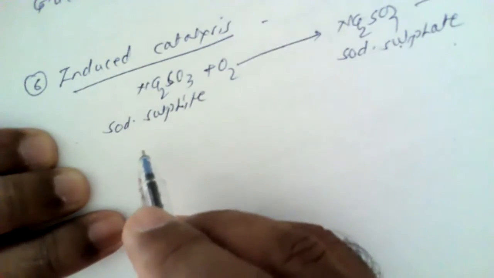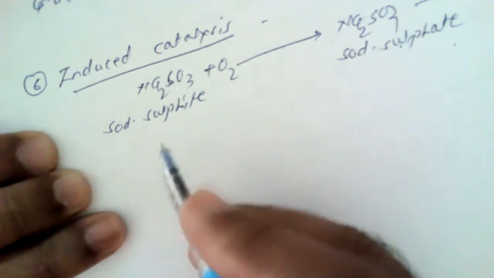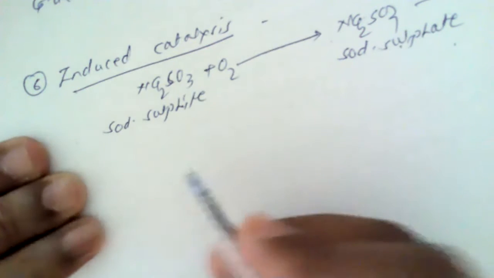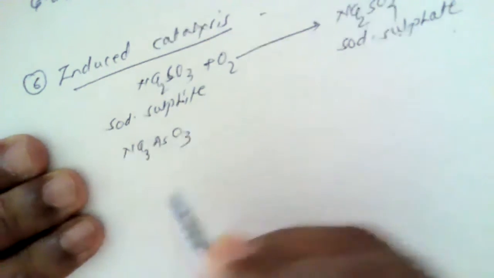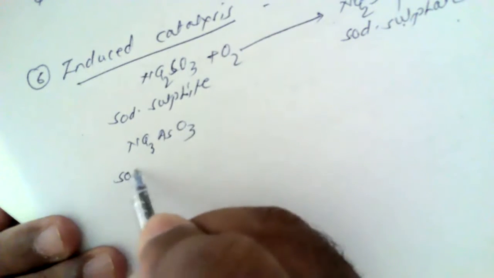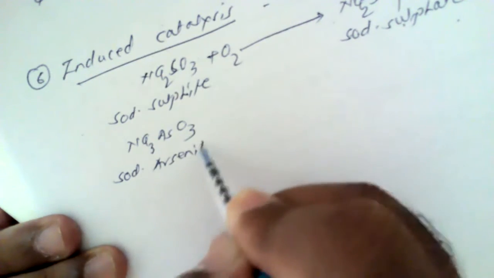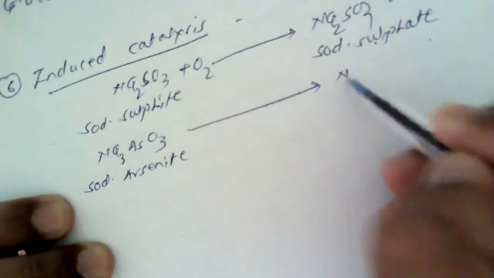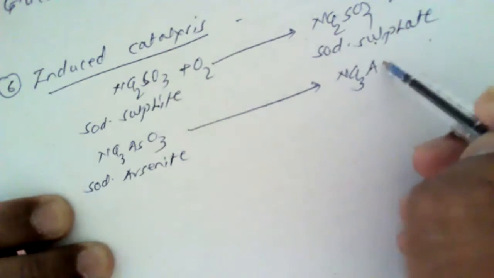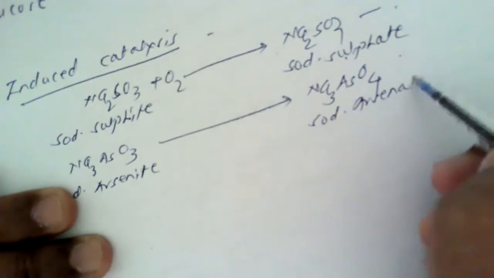Now another reaction if we want to carry out, then this reaction is Na3AsO3. This is known as sodium arsenite. In presence of atmospheric air, if we want to convert this sodium arsenite into Na3AsO4, this is known as sodium arsenate.